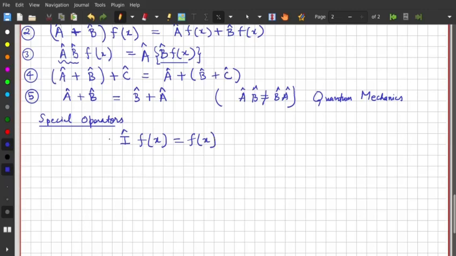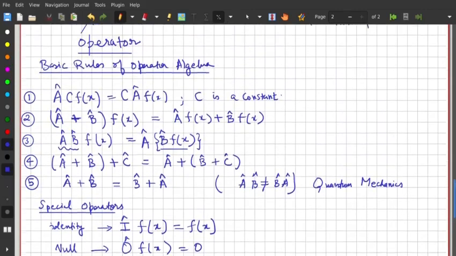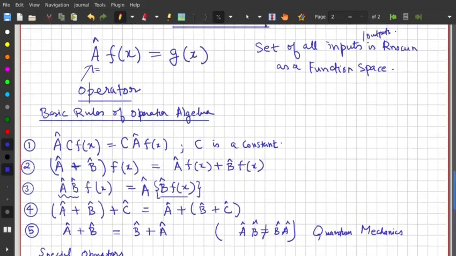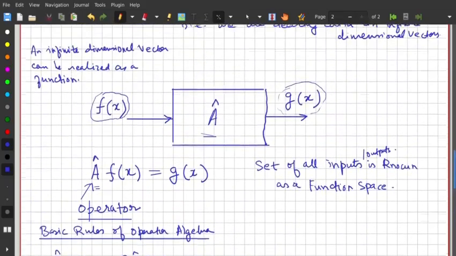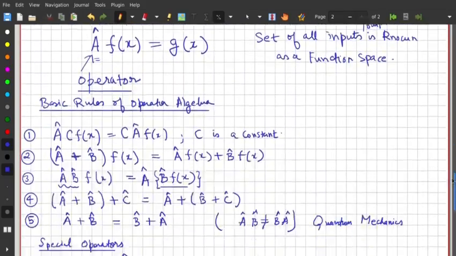So this is the identity operator. And then we have the null operator, which acts on a function to produce 0 as an output. Those are some of the very important properties, or I will say the basic rules, of operators that we will be discussing.